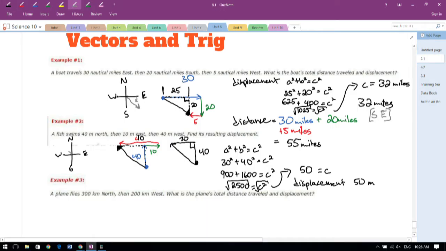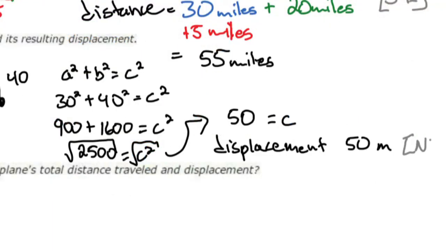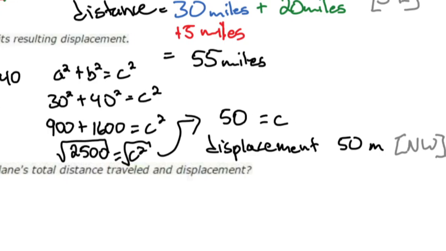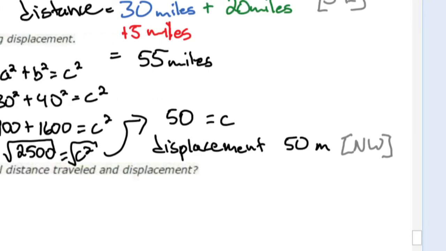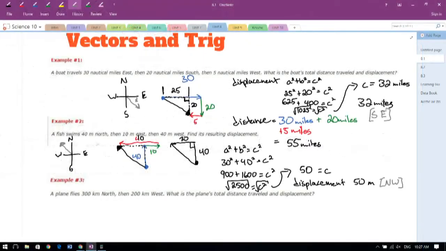My arrow's kind of going this way. So I'm thinking that is going to be, we'll call it northwest. Perfect. So I have a magnitude, 50, direction northwest.